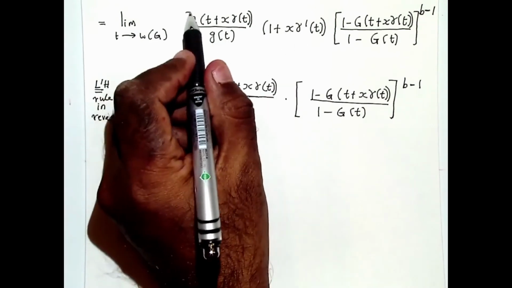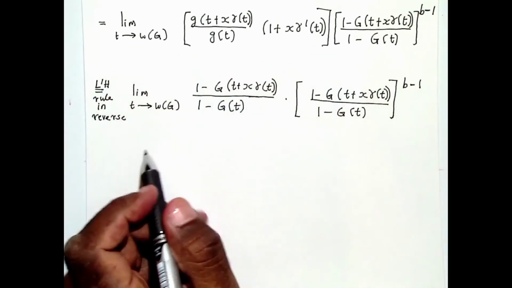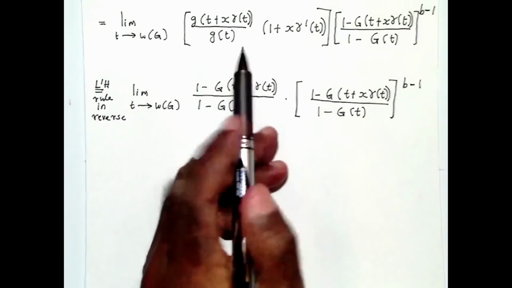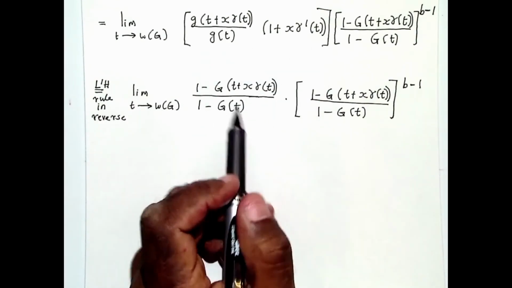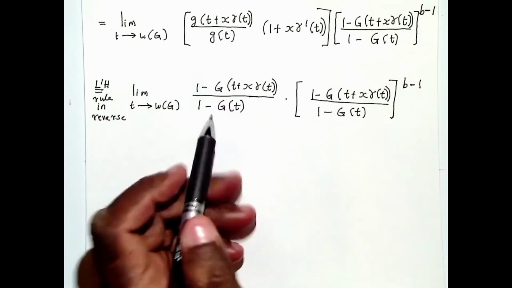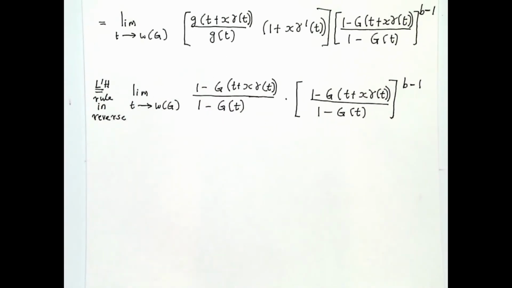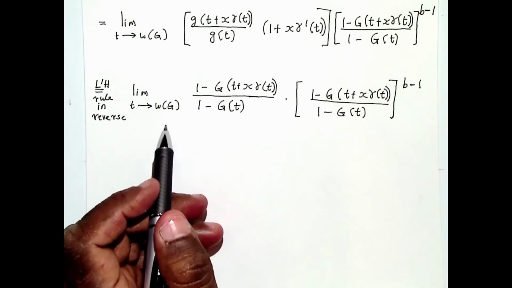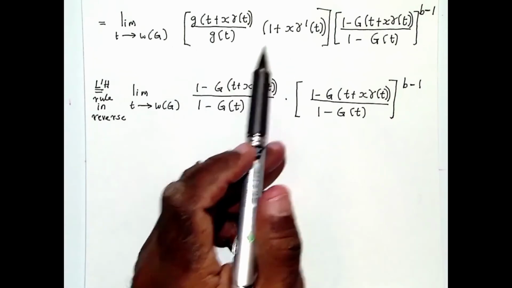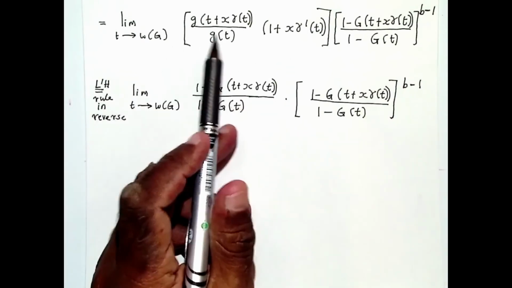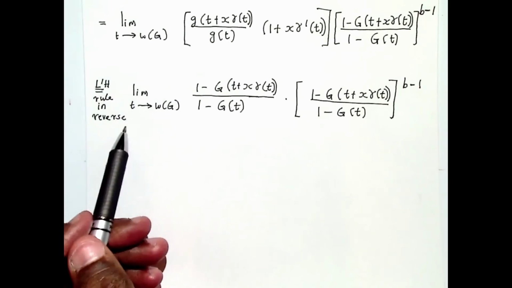In other words, what you have inside the brackets, differentiating this gives you this times this, and differentiating this gives you this for the minus, and you'll also have minus minus, which will cancel out. So I applied L'Hôpital's rule from this line to this line, going from this step to this step, so backwards. So that's what I meant by reverse.